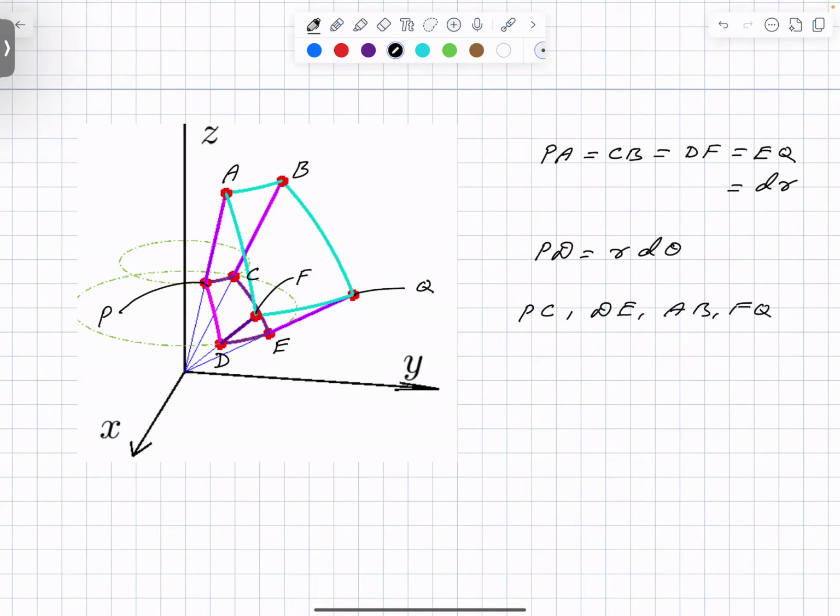What was your answer? R times d phi. So think about it, okay? Can we do R times d phi, or it has to be something else? When we say the variation over phi, it is d phi, right? From when we go from A to B, or we go from F to Q, D to E, or P to C, the variation over phi is d phi. But what is the radius?